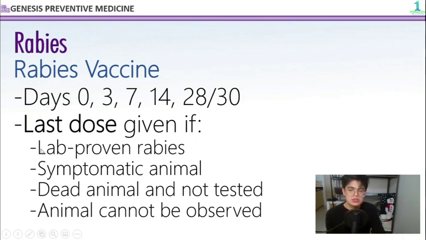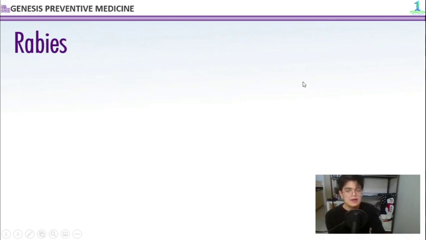This is because all of these latter conditions mean you cannot ascertain whether or not the animal truly has rabies. So might as well give the last dose if any of these conditions are met.